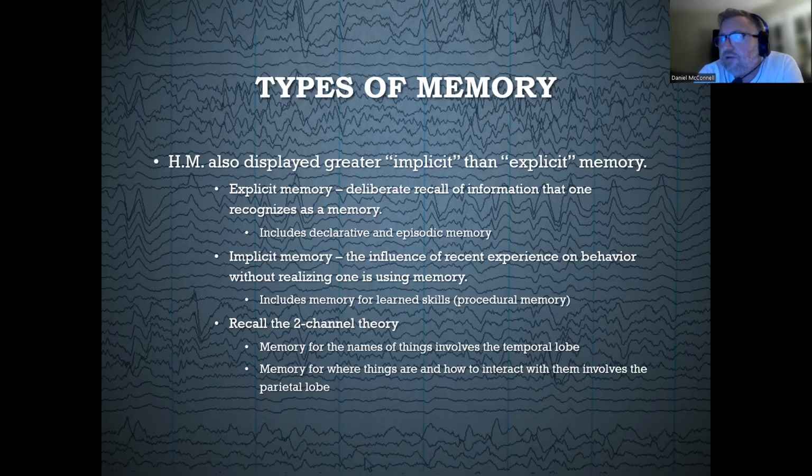So, I don't know off the top of my head whether they tested to see if he knew how to ride a bicycle as a child and whether he could still do so. Presumably that would certainly be expected. But there were various clinical neuropsychological tests that they would try with him. One example is something called the mirror drawing task. In the mirror drawing task, you're looking at a drawing of a star, a 5-pointed star within another 5-pointed star.